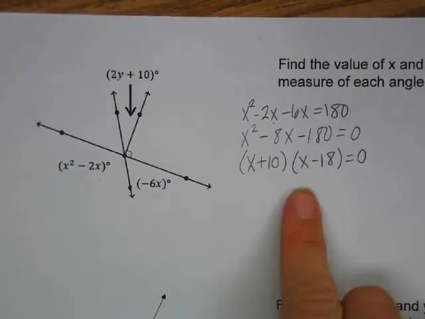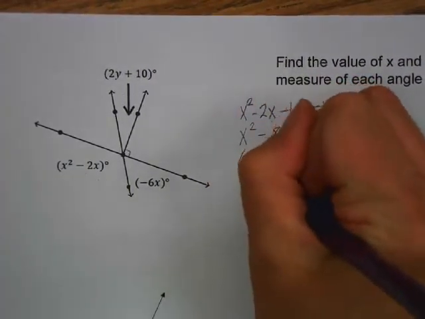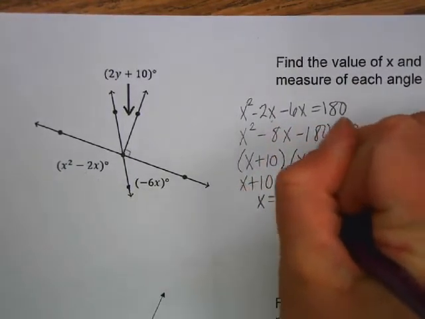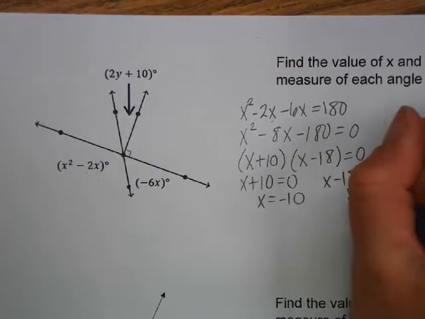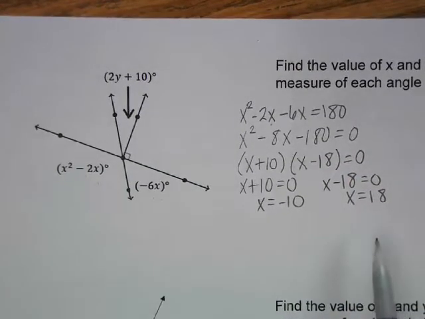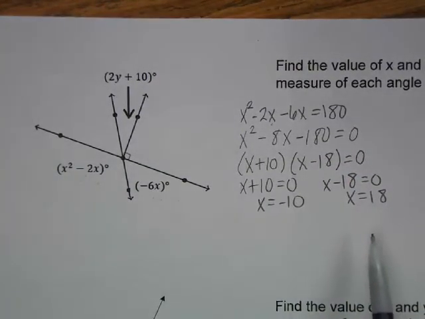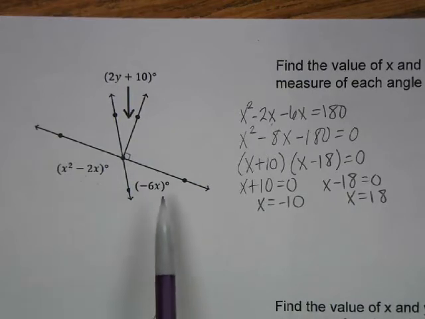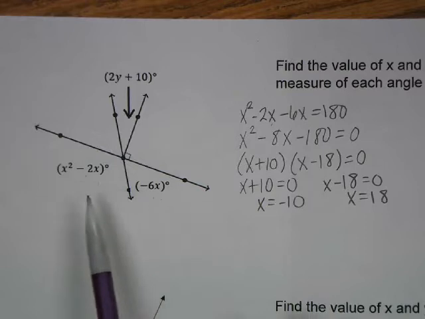If you set both of these equal to 0, you'll get x equals negative 10 and x equals 18. But just like in the previous section, you want to make sure that when you substitute those values of x back in, that you're getting positive angle measures.